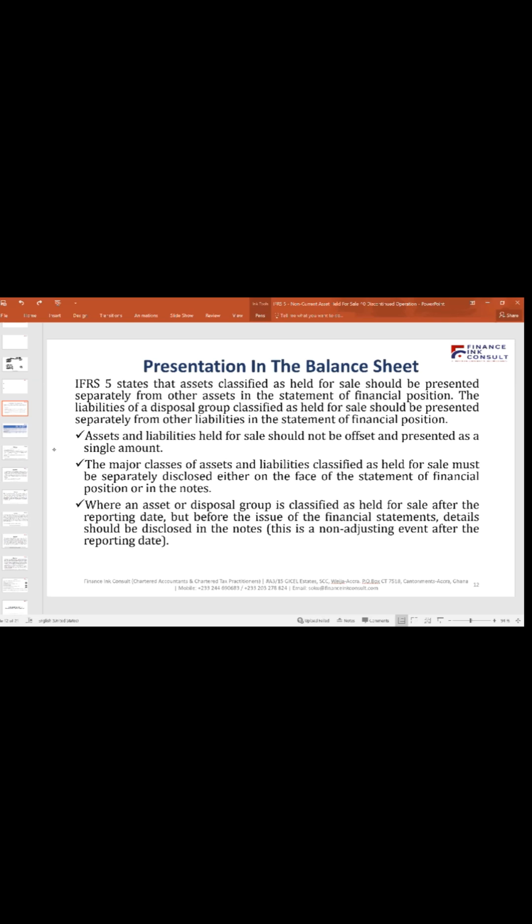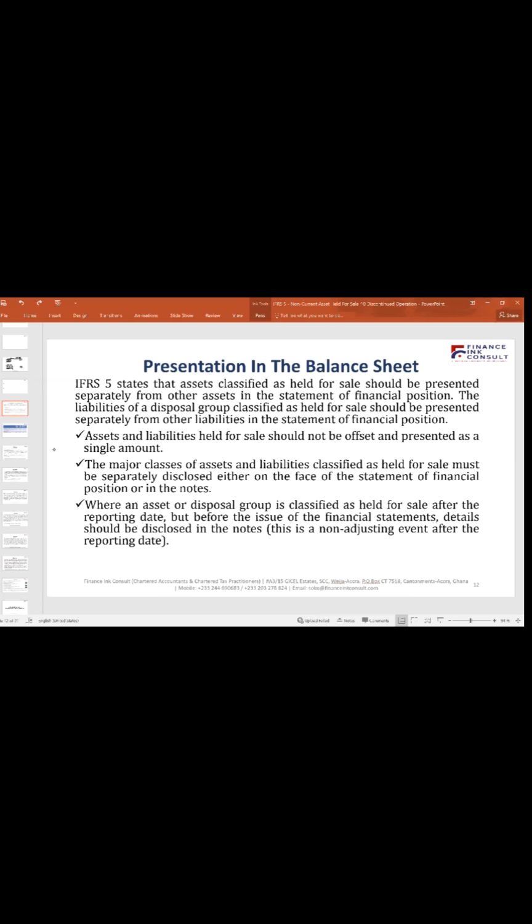Then when you go to the note, you give a detailed breakdown that our disposal group is made up of computer and accessories, furniture, office equipment. You give the breakdown, like the different classes that make up the disposal group.